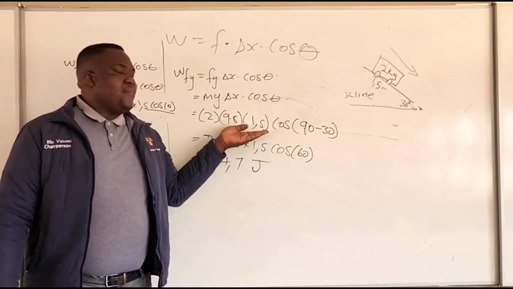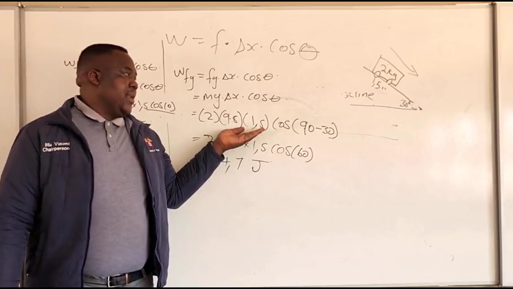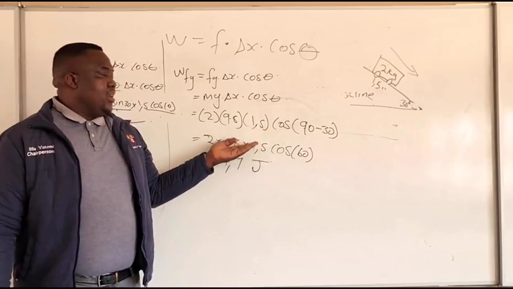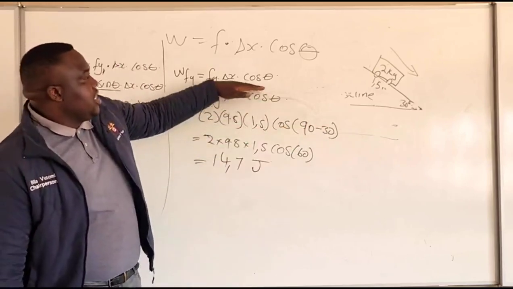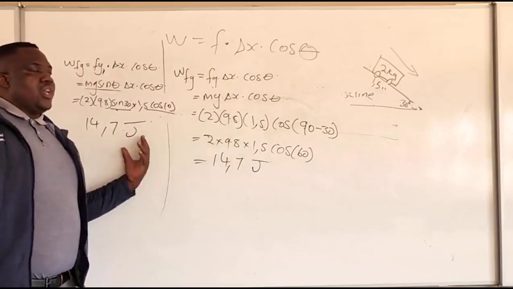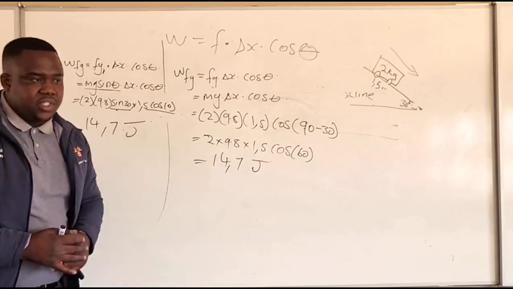There is no sine, there is no calculating work done by FG parallel. You just calculate the work done by gravitational force without changing the formula. In this one we change the formula. So yeah, these are the two methods to calculate the work done by gravitational force.